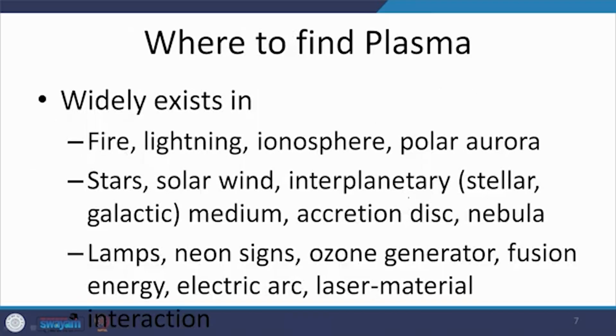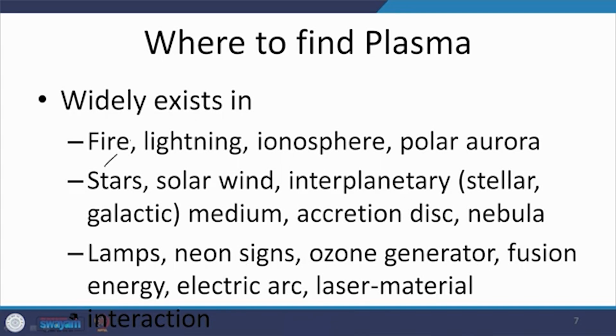So, plasma exists widely in fire, lightning, ionosphere, polar aurora. So, these are places that you can associate with Earth. Stars, solar wind, interplanetary medium, accretion disks, nebula, lamps, neon signs, ozone generator, fusion energy, electric arc, laser material interaction, all these places you can find plasma.